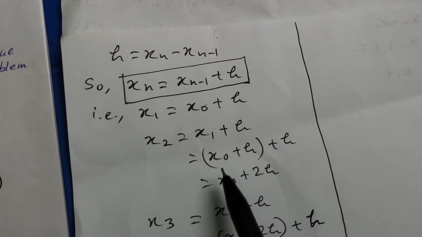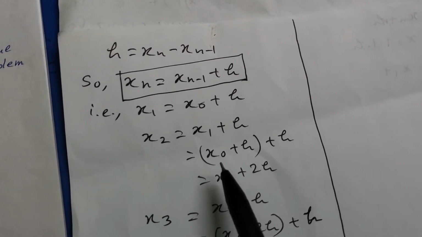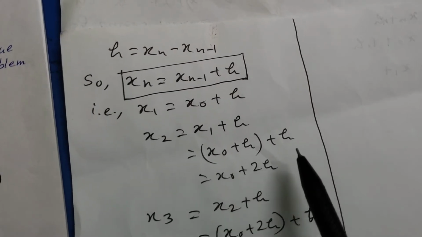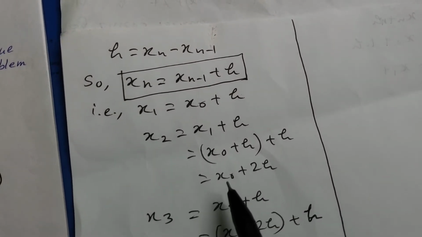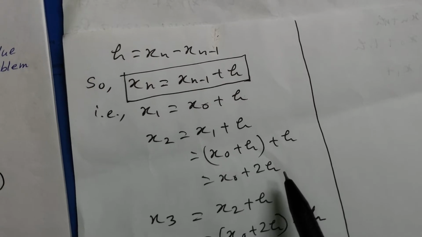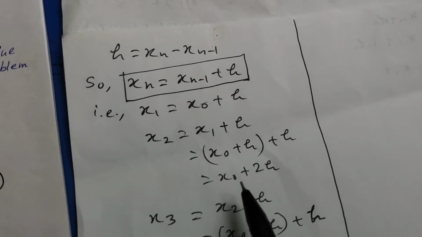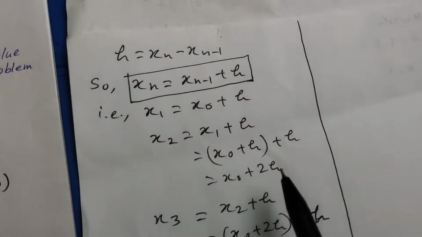If we put the value of x1, we get x0 plus h plus h, which is x0 plus 2h. Got it? So x2 equals x0 plus 2h.